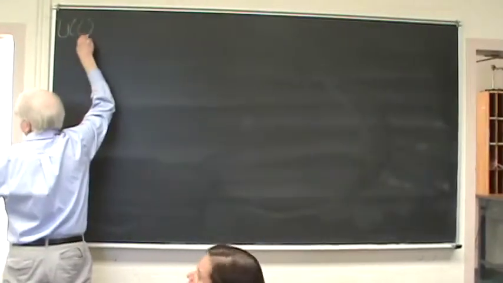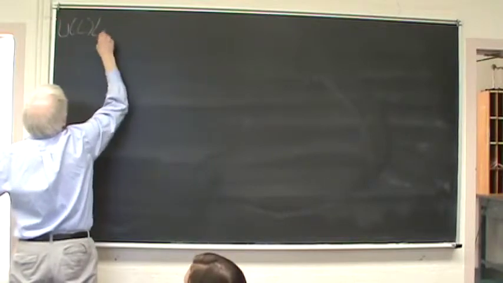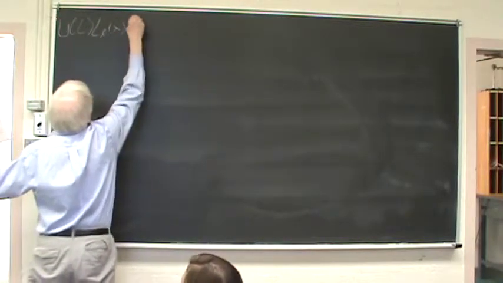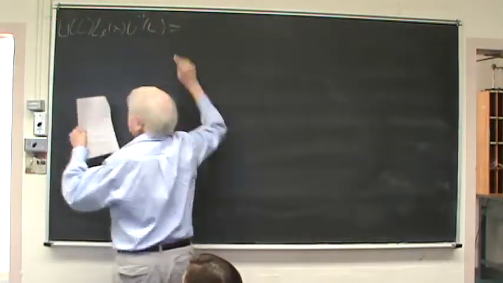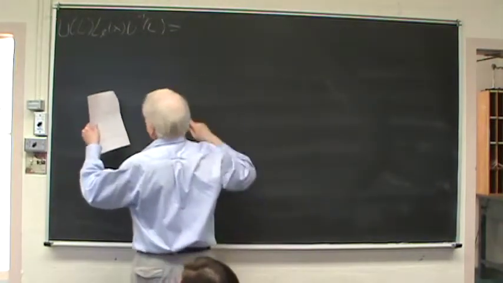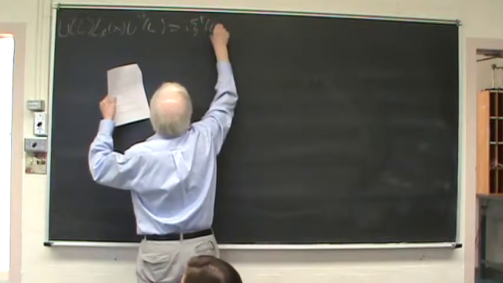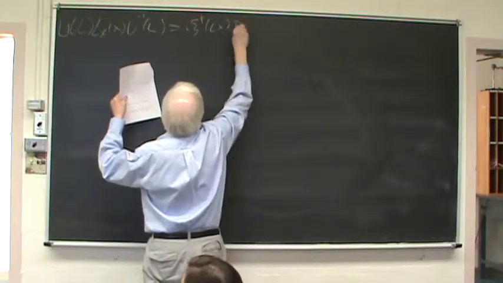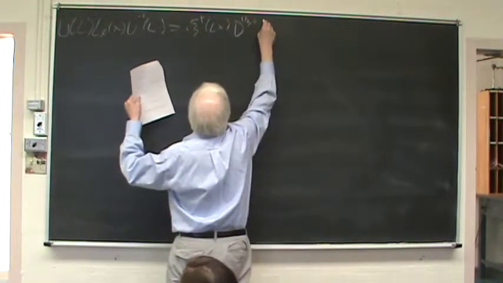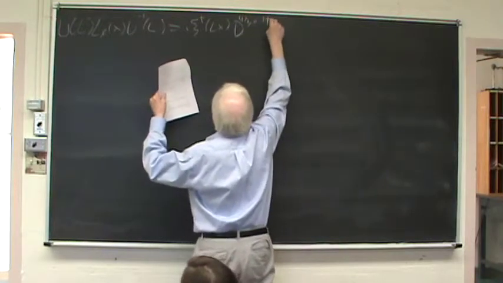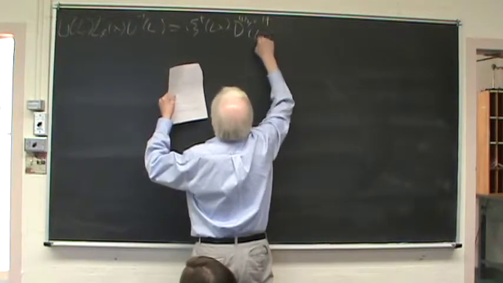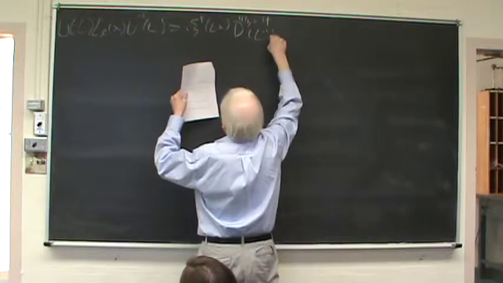Namely, under L, this would be i ψ dagger of L x, and then it'll be a D(1/2, 0) adjoint of L inverse.